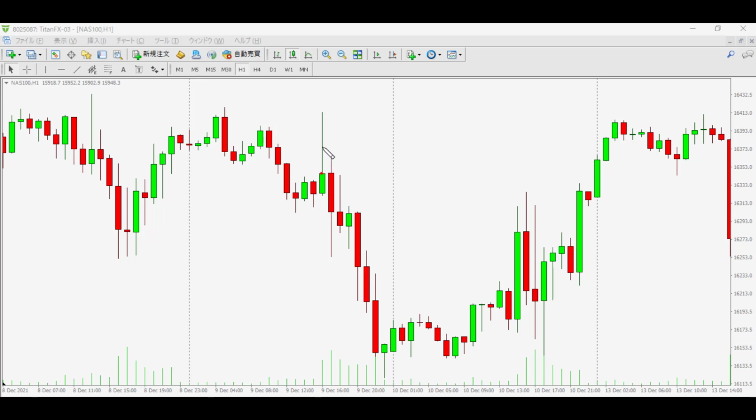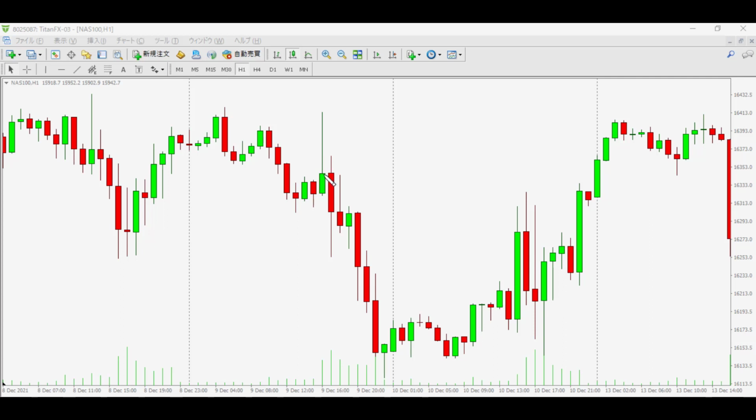But on a 1 hour chart like this, an upper shadow is created here. So wait for the closing price here. During an upper shadow, you will buy at a disadvantageous price.